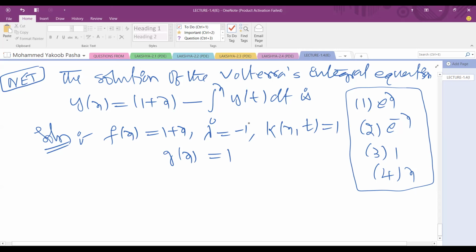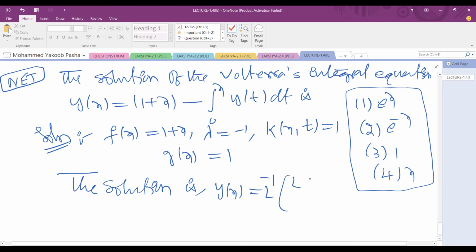So the solution y of x is equal to inverse Laplacian of the Laplacian of f of x divided by 1 minus lambda into Laplacian of g of x.